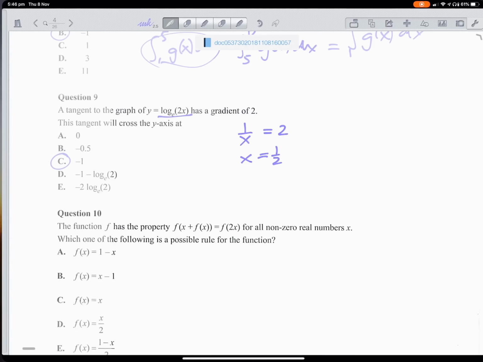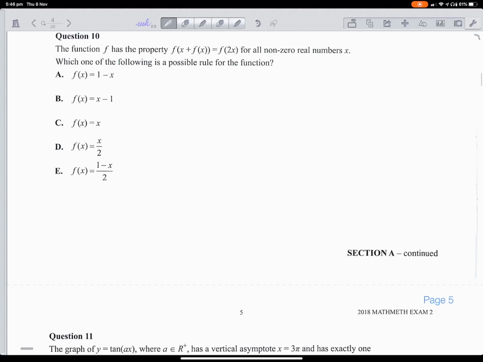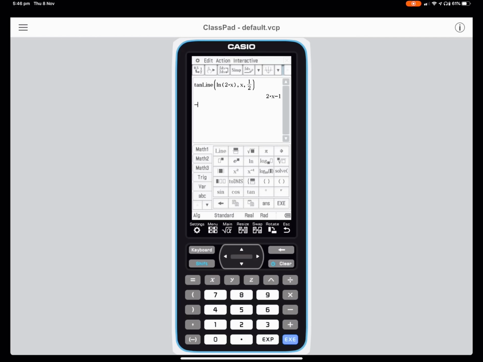Go the other way. Okay, the function with that property, which of the following is a possible rule for the function? So f of x equals 1 minus x. Define f of x equals 1 minus x.